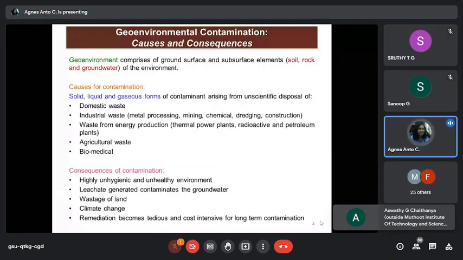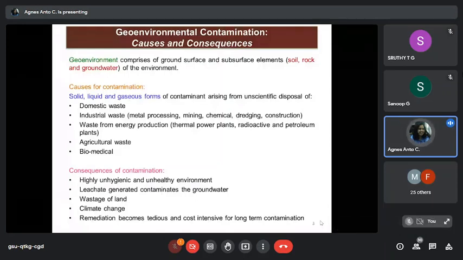And in the long term, it also leads to climate changes, like increase in carbon footprint would lead to global warming and such consequences. So it is a very natural phenomenon that once contamination has initiated, we often realize it at a very later stage.